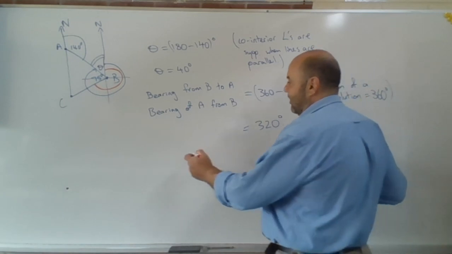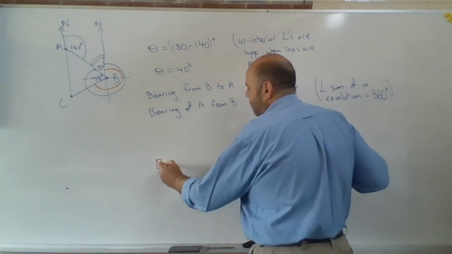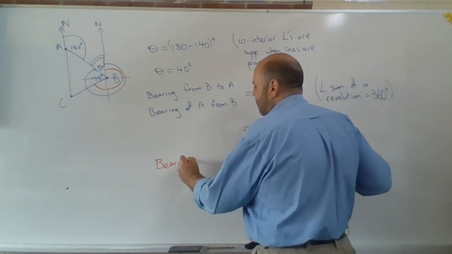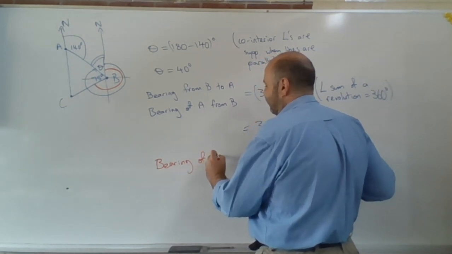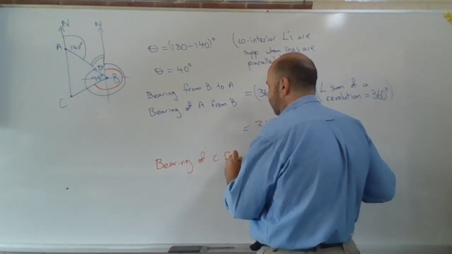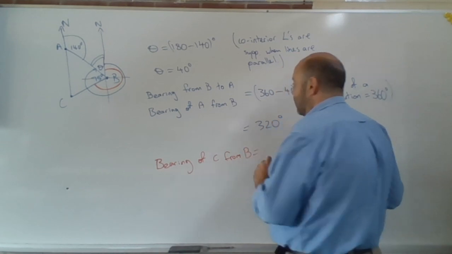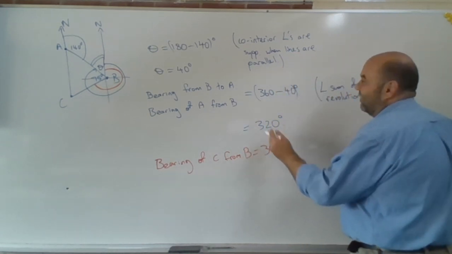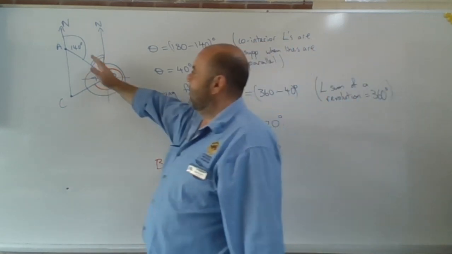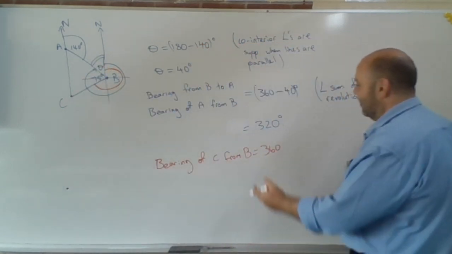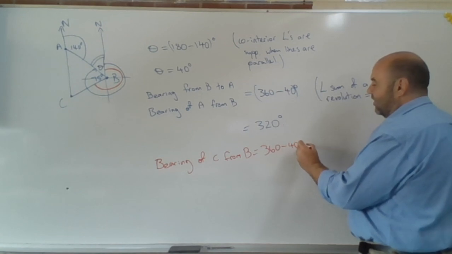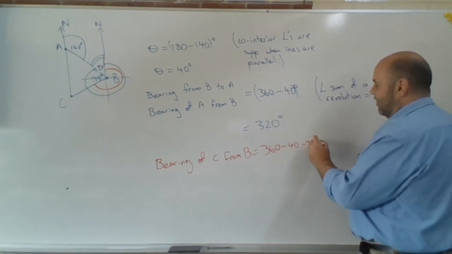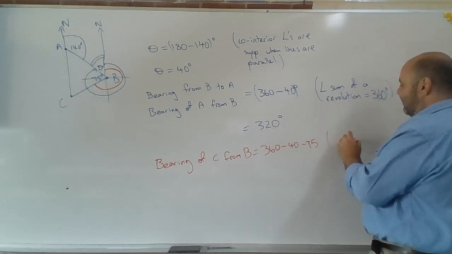So the bearing of C from B is 360 minus 40 minus 75, for exactly the same reason as there.